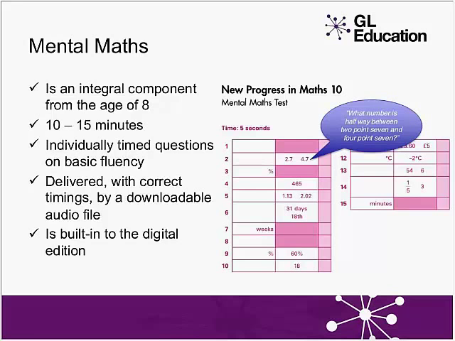When you get to Progress Test 8 to 11, it's in 2 parts. You have the mental maths, which is timed, and it can be read out aloud either by the teacher, or we've provided an audio file that you can download to ensure that the timings are delivered in a fluent way, and that may actually ensure that the tests are always administered in the same standardized way.